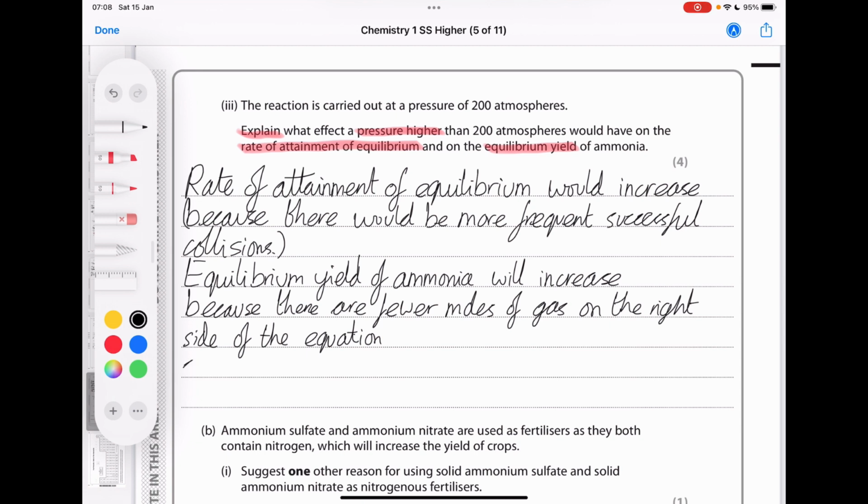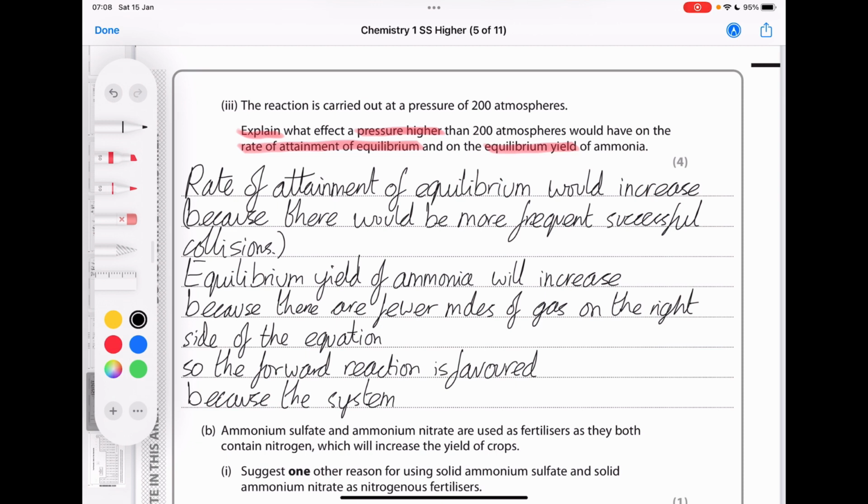So the forward reaction is favoured because the system tries to decrease the pressure.